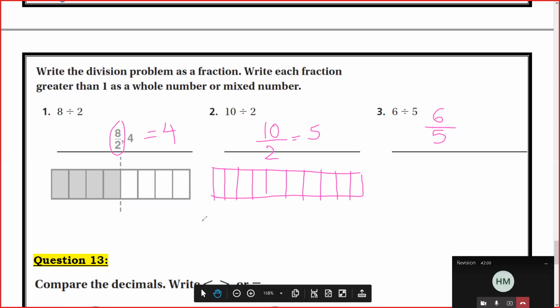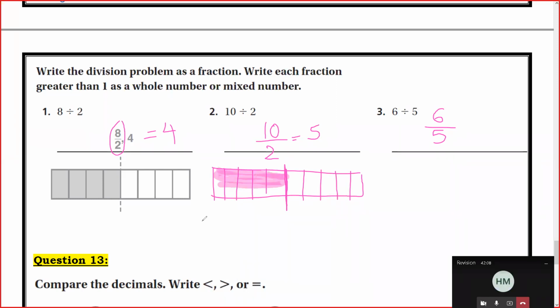And I cut them now into 2 equal parts. So how many are now shaded? You tell me that they are 5. Now look at the third one here. 6 over 5.